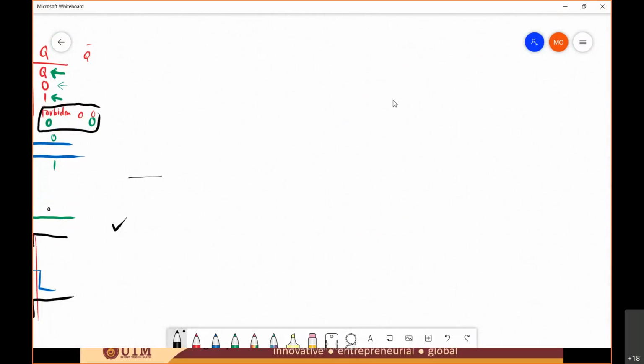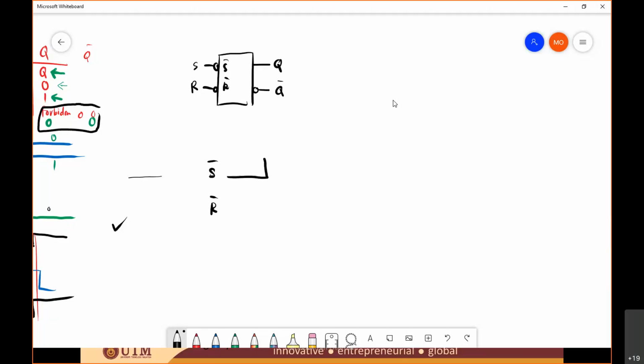Okay, so this is your Q and this is your Q bar. So S bar R bar latch. So let's this is S bar R bar.